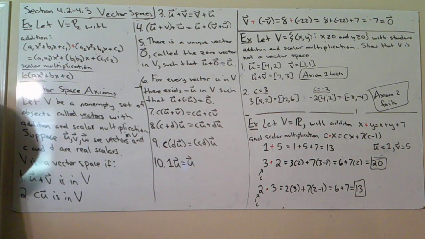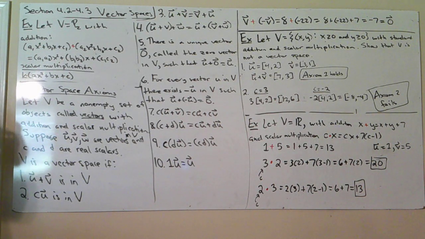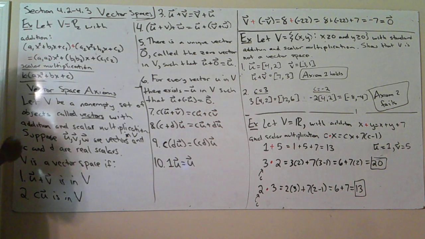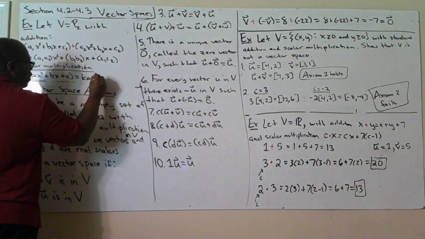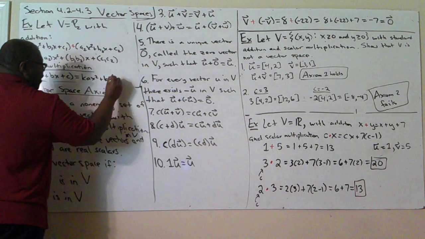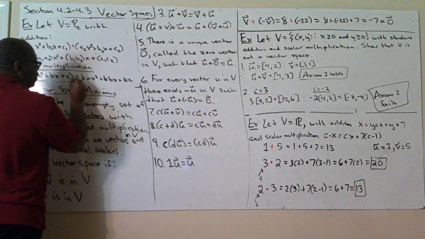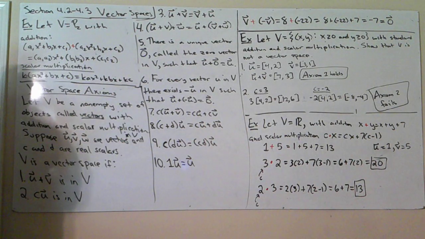This is equal to, what do I have? Oh, it's just regular scalar multiplication. So it becomes ka x squared plus kb x plus kc.